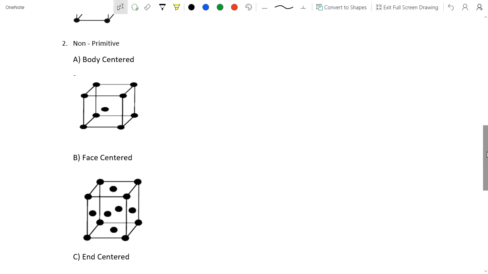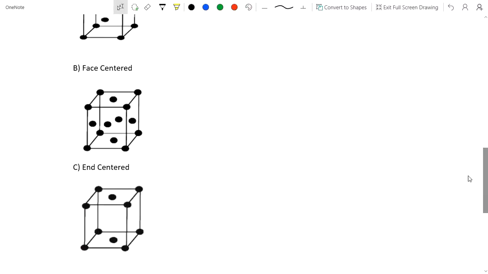The second one is called face centered, wherein apart from 8 corners of the cube, there are 6 atoms which are present at the face centers of the cube. So there are 6 face centers, the top one, the bottom one, this right one and the left one, the front and the back. So there are 6 faces, and all of them will have one atom at the center.